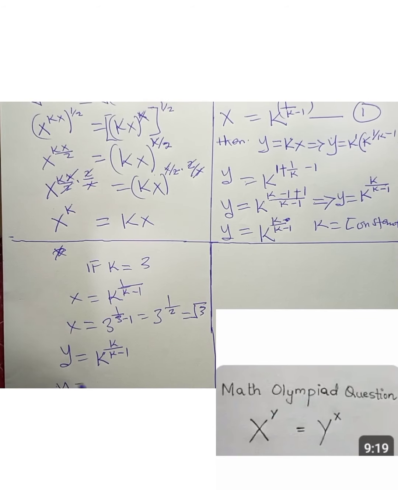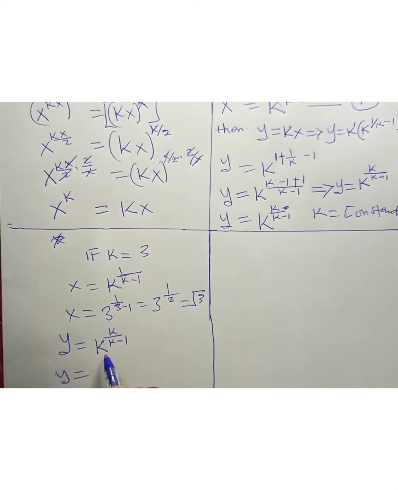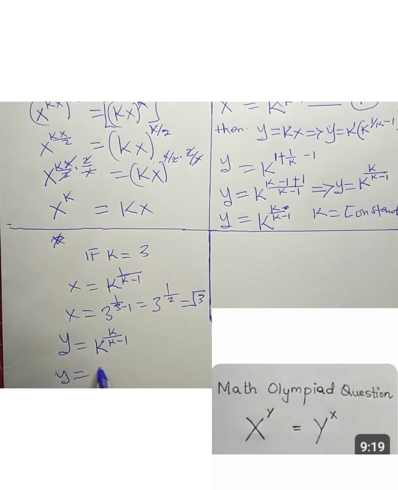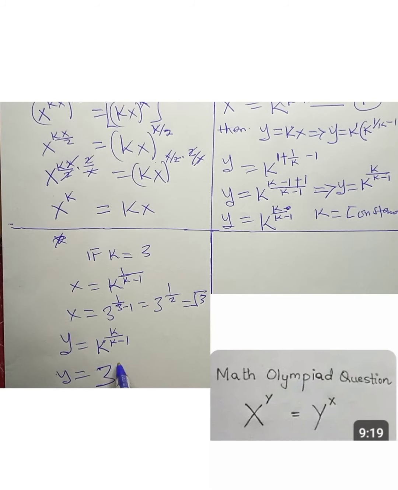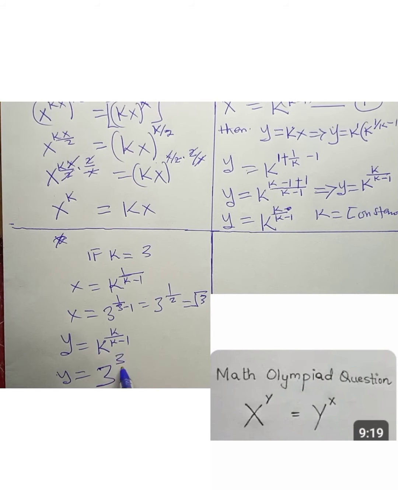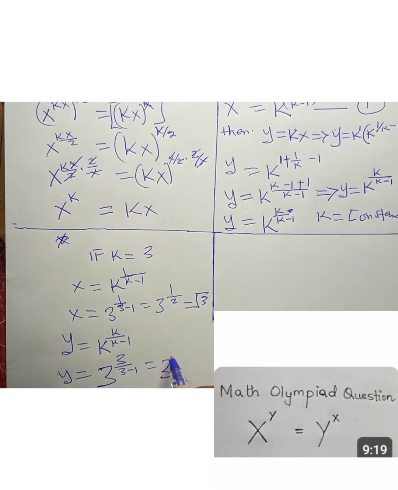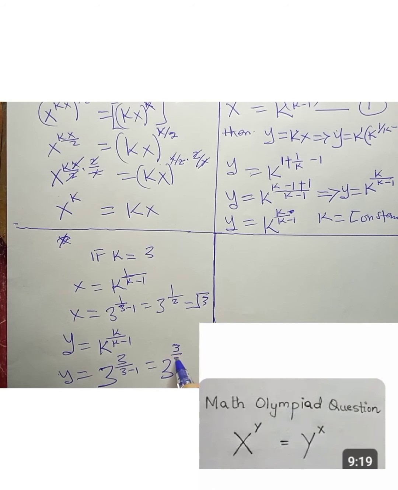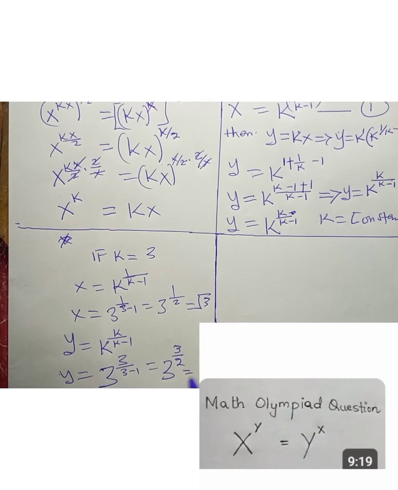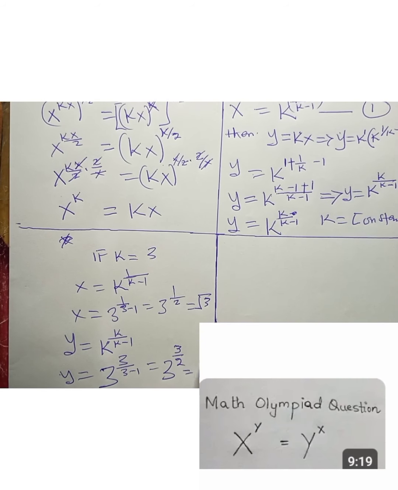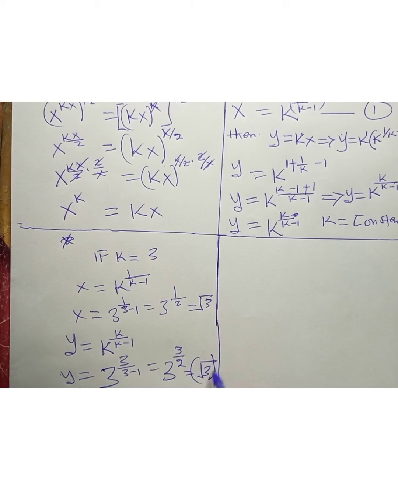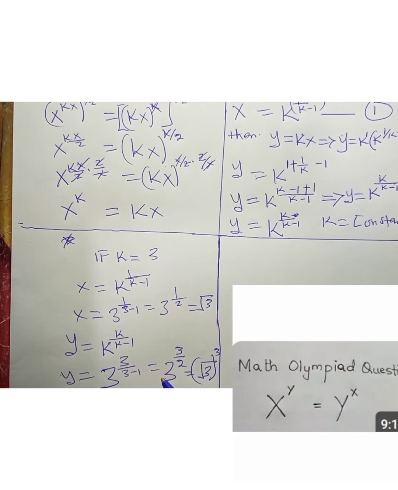What would that y now be? Since k is 3, y equals 3 raised to power 3 divided by 3 minus 1, which equals 3 raised to power 3 over 2. And we change it to root form, we're going to have the square root of 3 raised to power 3.